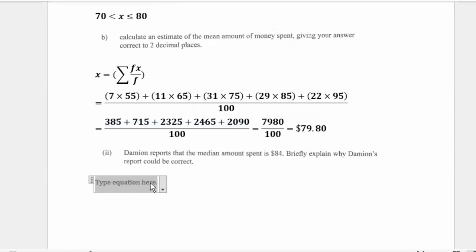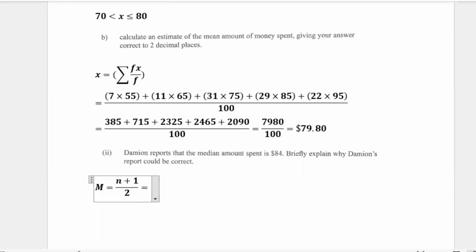So part 2, it says Damien reports that the median amount of money spent is $84, and they want us to briefly explain why Damien's report could be correct. So first of all, we know that there were 100 students surveyed. So therefore our median, and remember this formula for median, it only gives us the position and not what the median is.